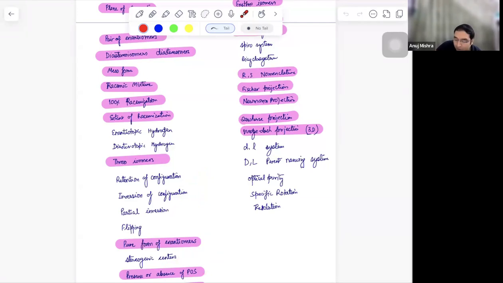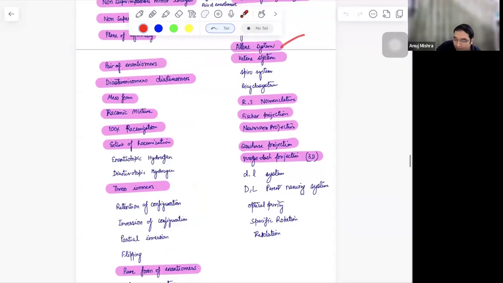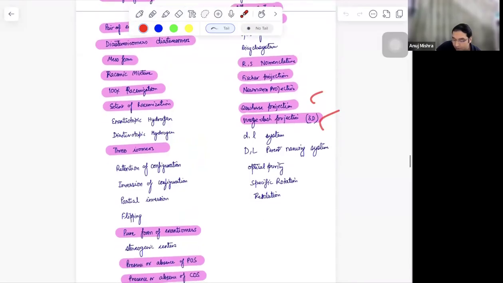Presence or absence of POS, allene system, ketene system, spiro system, bicyclo system, RS nomenclature, Fischer projection, Newman projection, sawhorse, wedge dash, DL system, DL parent naming system, capital D, capital L, this small d, small l. Optical purity, specific rotation, resolution.